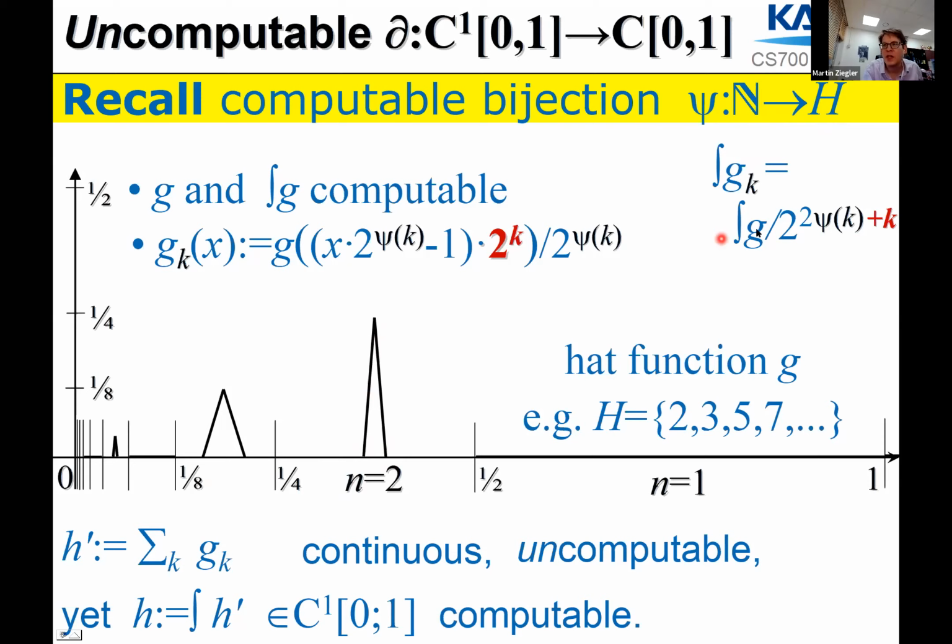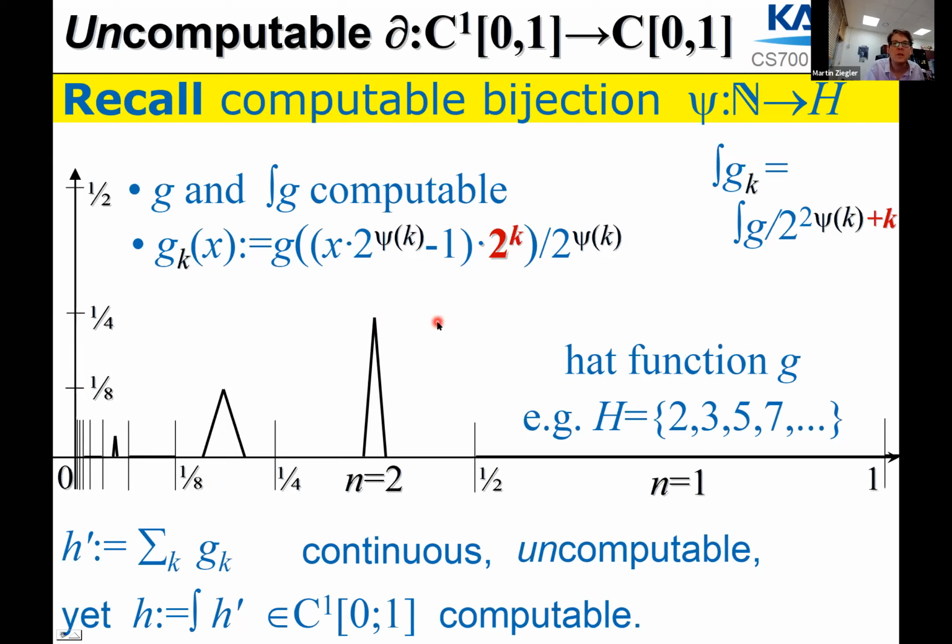It will be smaller than 2 to the minus k, and therefore, in order to approximate the integral, we can simply omit that part. Whereas for evaluating the function, not its integral, but for computing the original function, the height is relevant, and that has not changed.